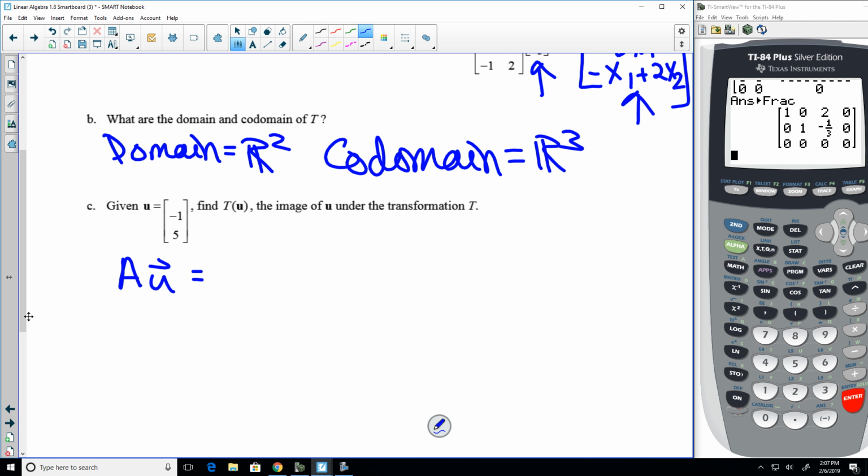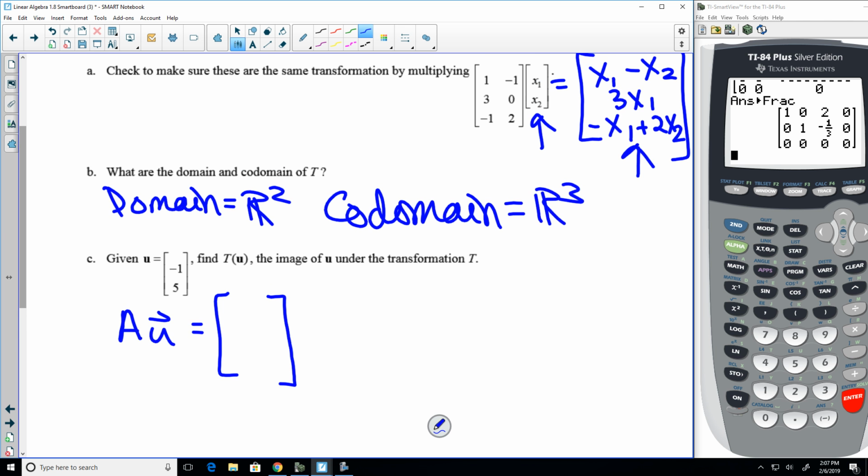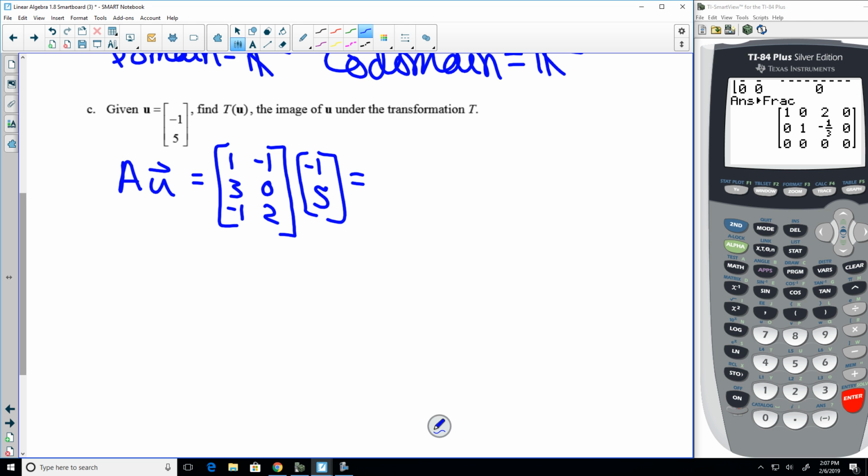We know what the matrix is, so matrix A, and I'm going to multiply by u. That's going to give me the image. So it's 1, 3, negative 1, negative 1, 0, 2. I'm going to multiply by negative 1, 5. You could also use the definition, right? But this matrix multiplication is going to do all that for us.